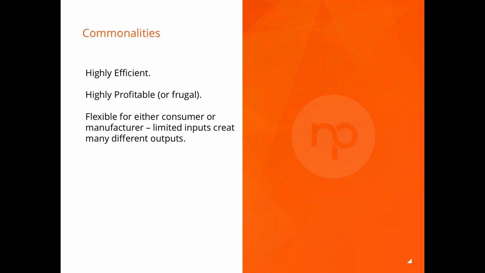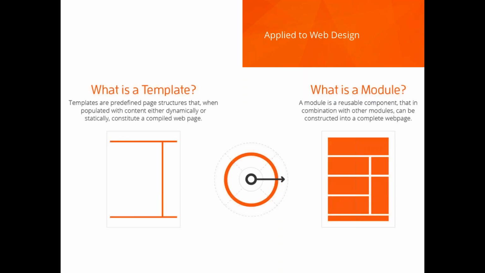There's also a frugality to buying these modular systems. And the great thing that will apply to web design in a second, and I'm going to make the segue back in a minute, is that there's limited inputs. You have a limited amount of parts, but those parts can create an amazing combination of outputs, and that's directly going to relate to what we're going to talk about with web design.